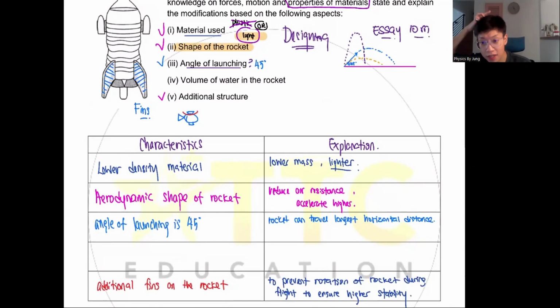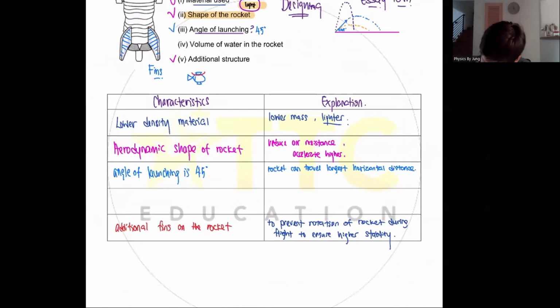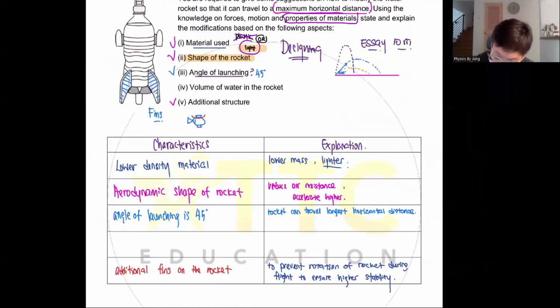Prevent the air from escaping. No. Okay, yeah, I know, you're right. The answer is actually to do with when I put water into the water rocket, this mass of water will be higher.